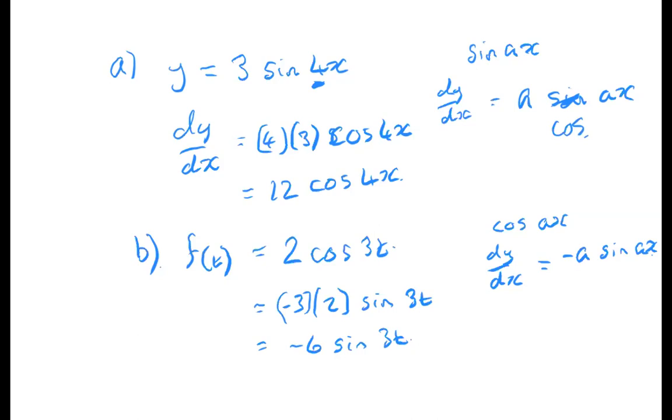We change to the cosine of a times x. Multiplying that out is 12 cos 4x. The cosine function changes to minus a times the sine of that function. So in this one, the 3 comes outside and becomes negative, and then we have sine 3t. So it's minus 3 times 2, which is minus 6. All happy?